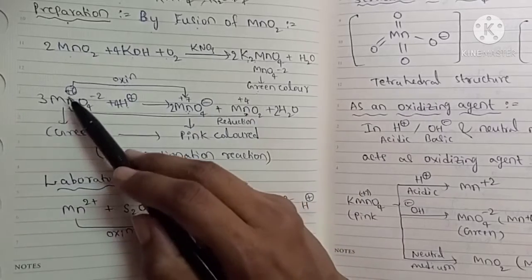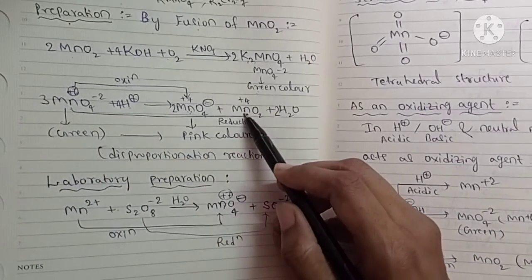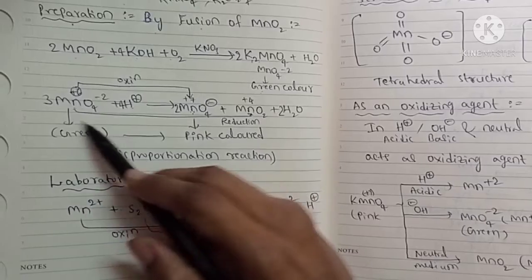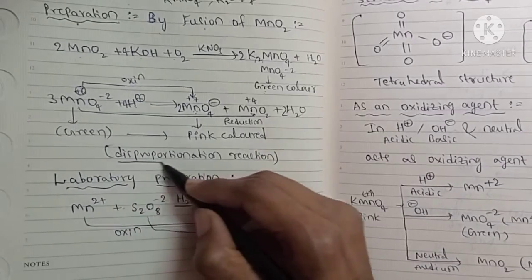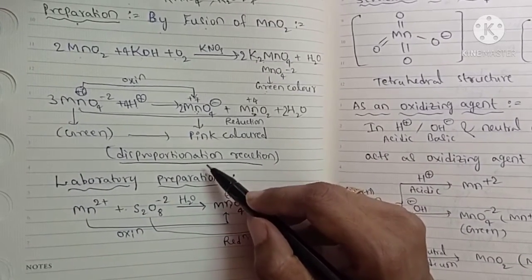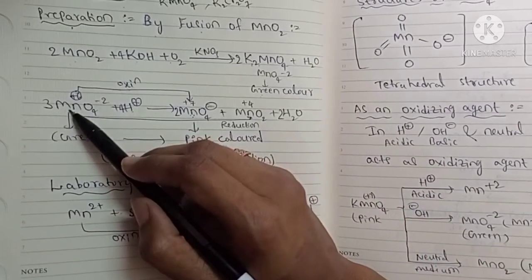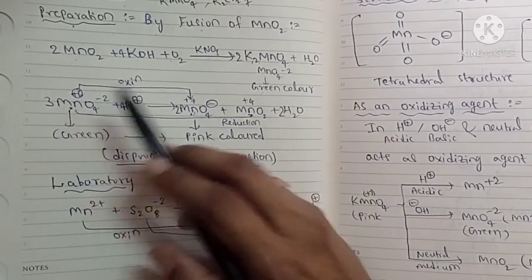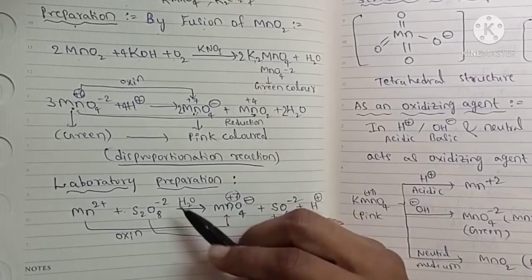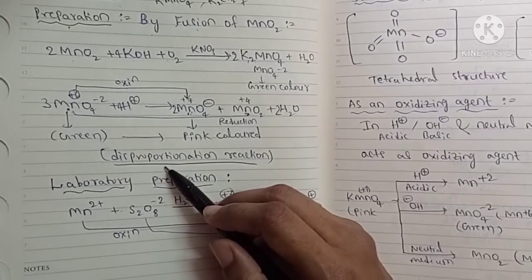Also, Mn plus 6 is reduced to Mn plus 4 in manganese dioxide. Disproportionation reaction means the same element undergoes both oxidation and reduction in the same redox reaction. That is the example for disproportionation.